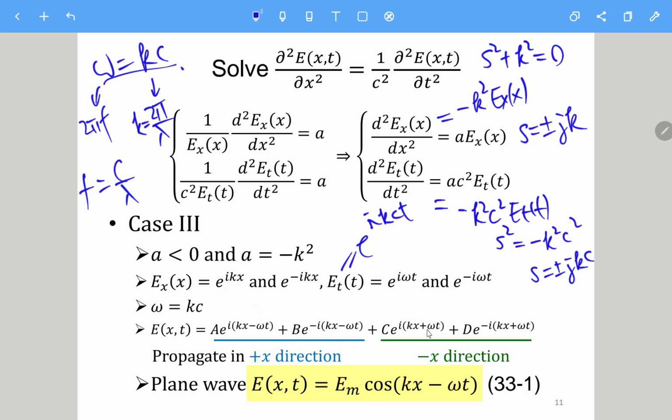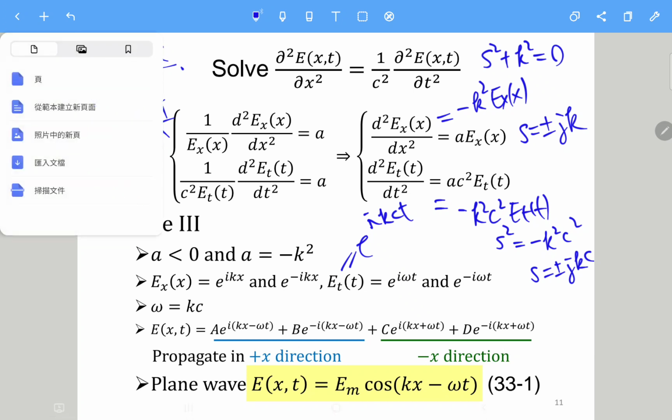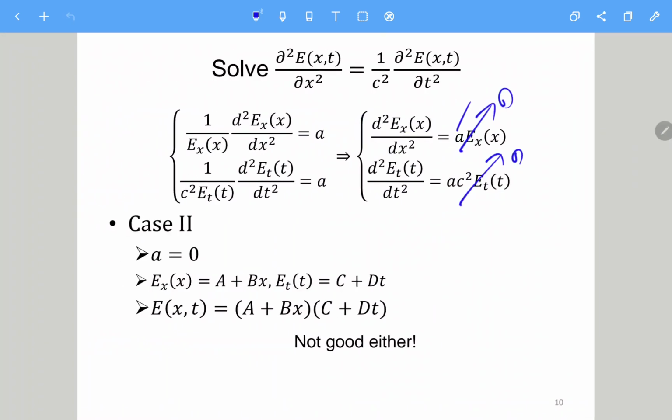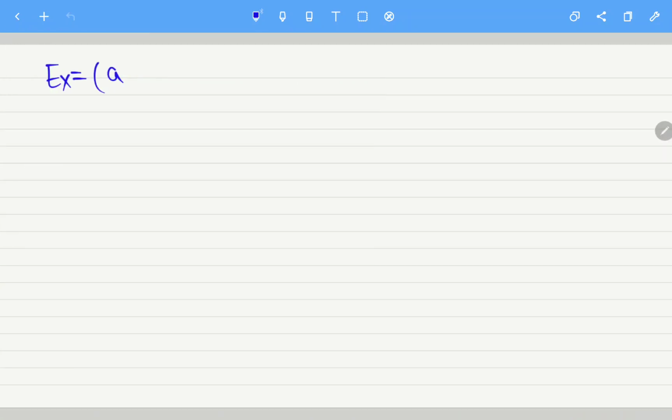Why does it directly jump to here? Let me try to tell you. So originally we have ex equals, let's say a, and this a is different from the a here, so I just use this variable, exponential to jkx plus b exponential to negative jkx.